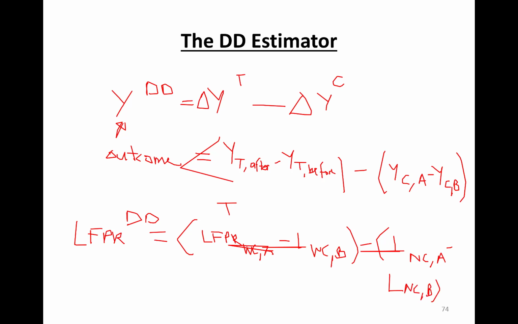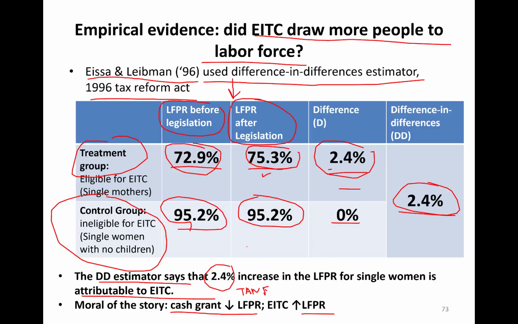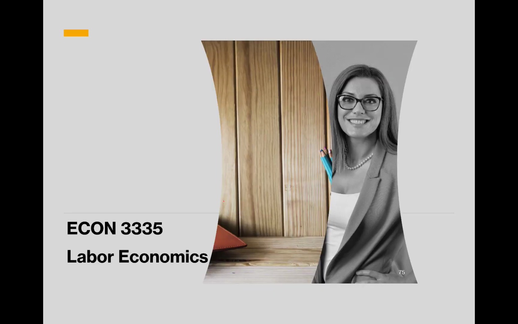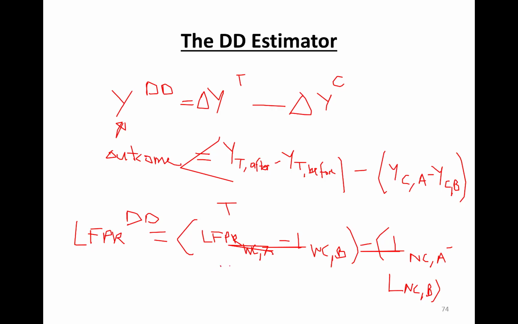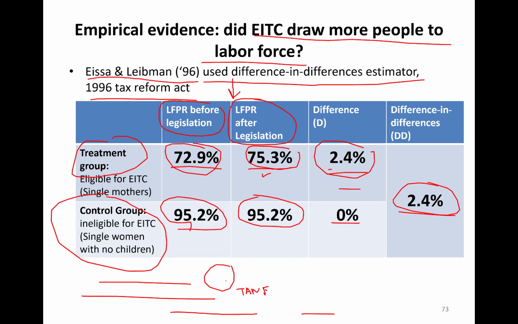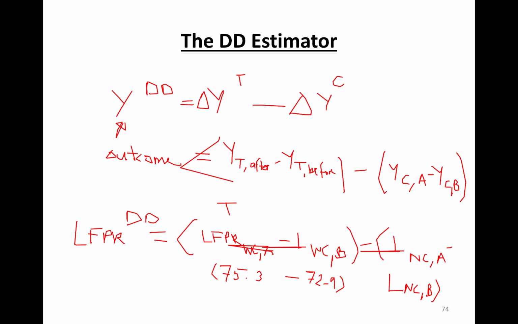Okay, so plug in these numbers, right? 75.3, 72.9. That's what we did. And 95.2 before and after.